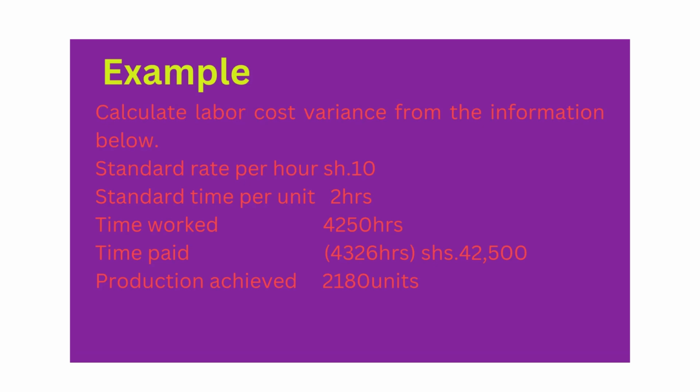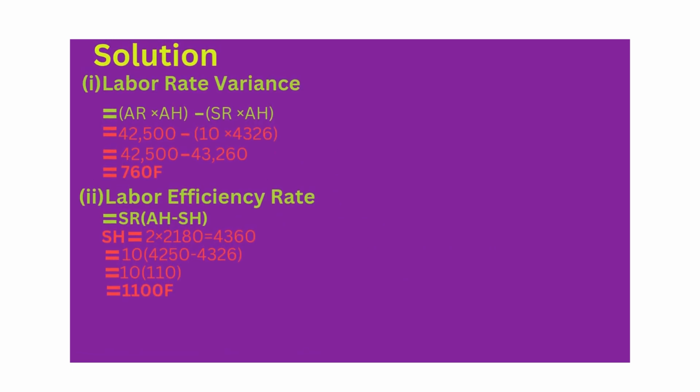So that's our standard price, 5 shillings, multiplied by our actual quantity, which is 14,000 kgs. So it's 84,000 minus 5 multiplied by 14,000, which is 70,000. So we get 84,000 minus 70,000, we get 14,000.